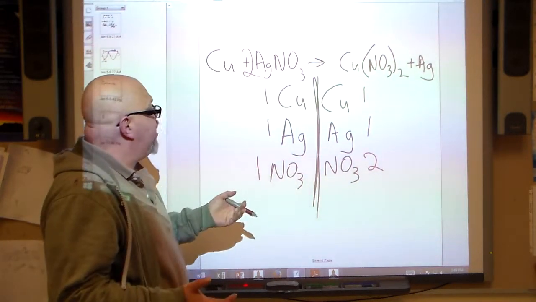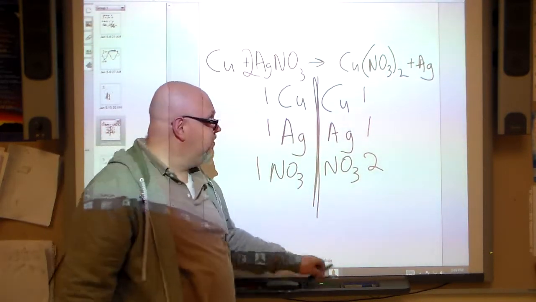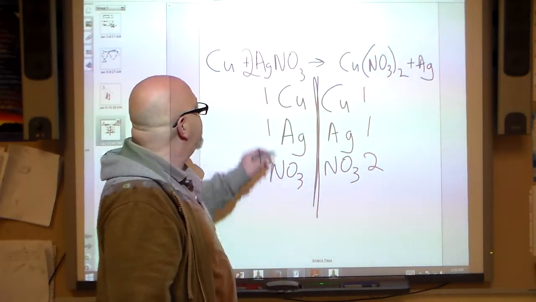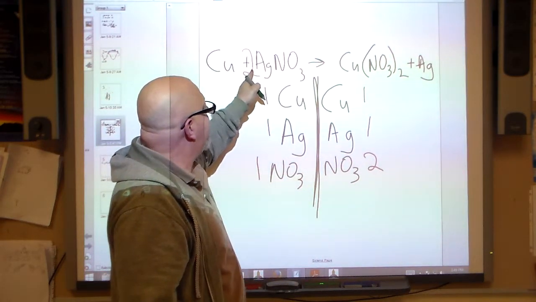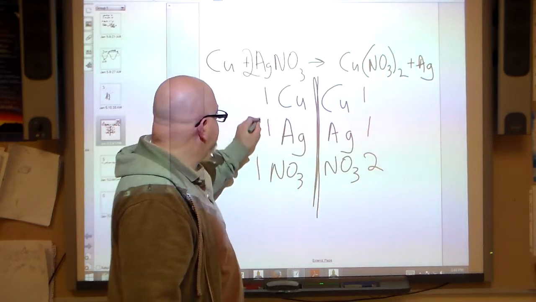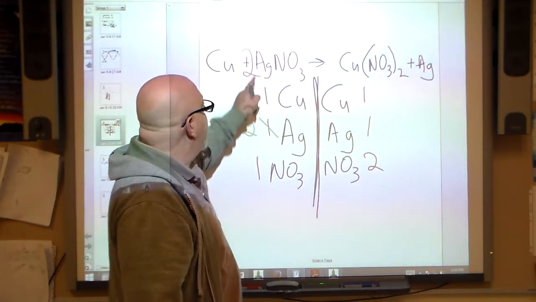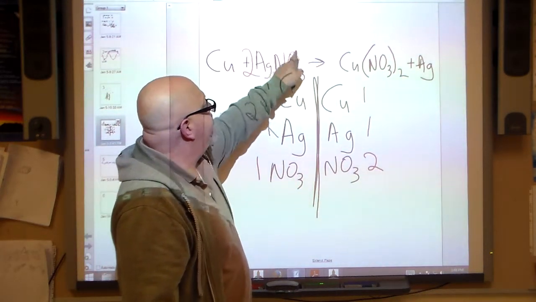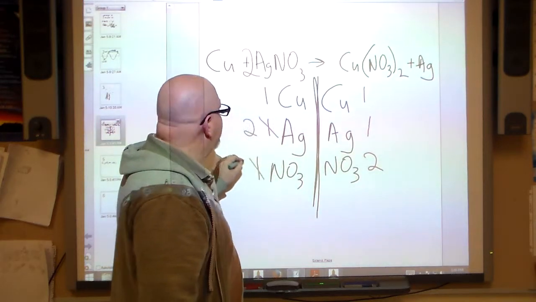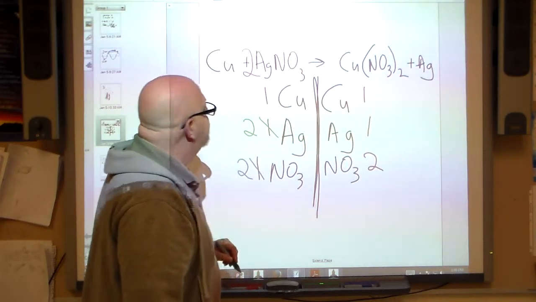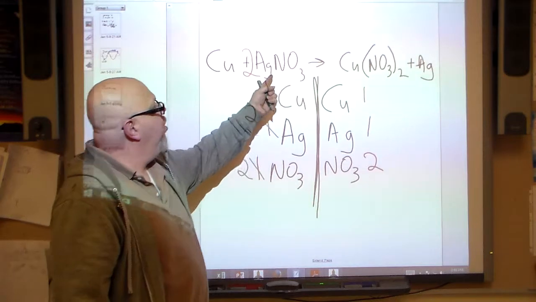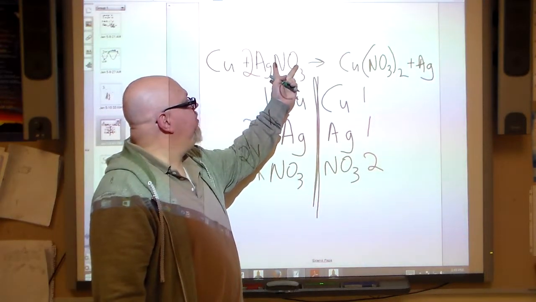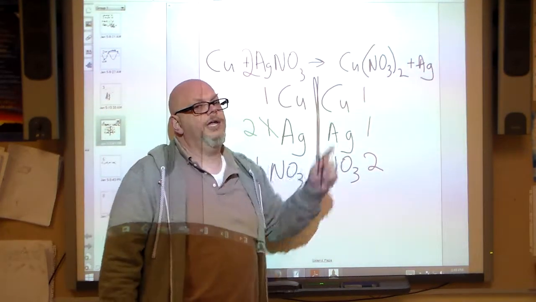Okay, now that changes something. What is that going to change? It's going to change the number of silvers I have, because 2 times 1 gives me 2 silvers, and 2 times the NO3, we've got 2 of these NO3s. And you'd say, but wait a minute, why don't I need parentheses here, but I need them over here?